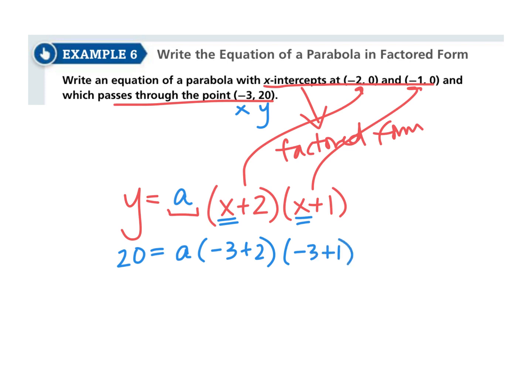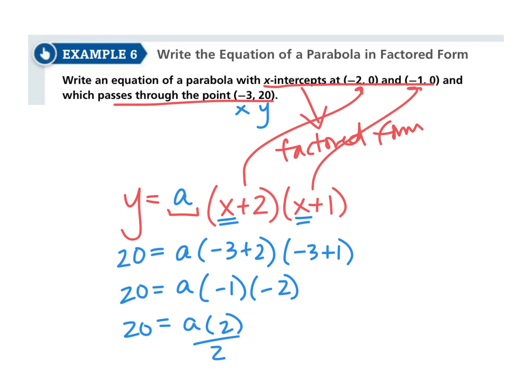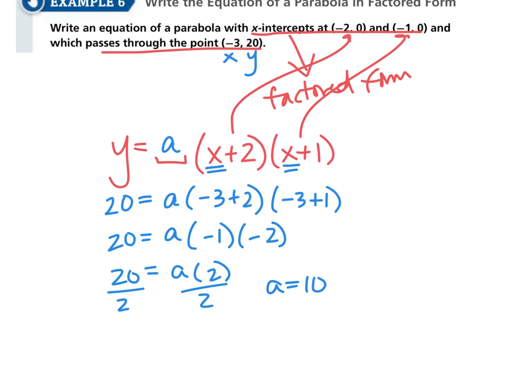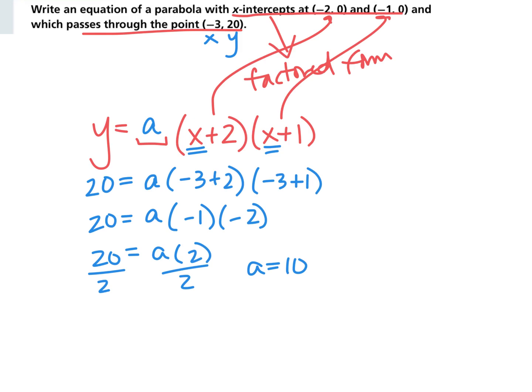When I work this out, this is going to give me a times negative 1 times negative 2, or a times 2. And when I divide that out, I know that a is 10. So my final factored form, or answer, for this equation is going to be y equals 10 times (x plus 2) times (x plus 1).